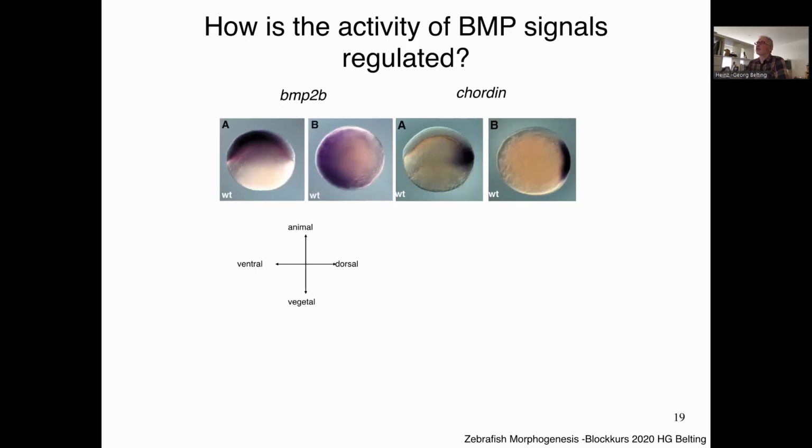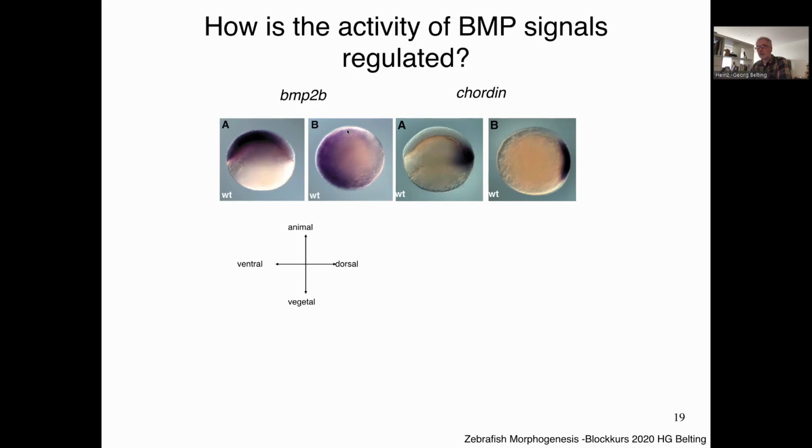And then it's of course important to know how this activity of BMP signals is actually regulated, how do you generate this gradient. This gradient is shown here at the onset of epiboly. So this is about 40% epiboly. You see that BMP2B expression, so that's the RNA now, is on the ventral side only and not on the dorsal side. So this is a different situation from when we injected the RNA.